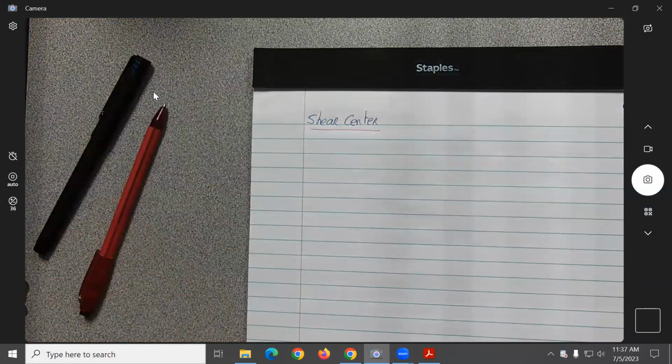The point of force, there's no torsion. Correct, that's pretty good. No rotation. Or torsion is the same, because torsion is due to rotation. So it would be the same thing. Perfect.